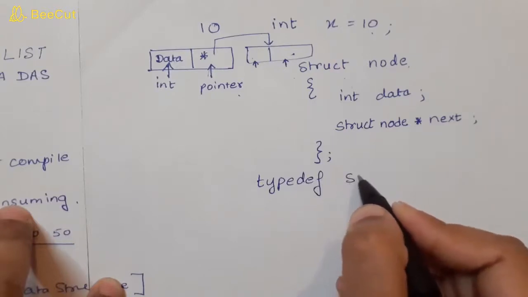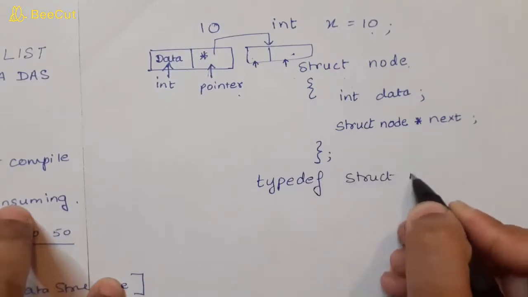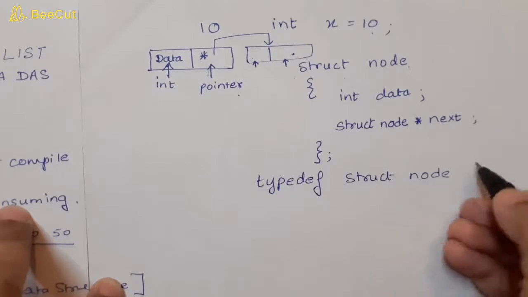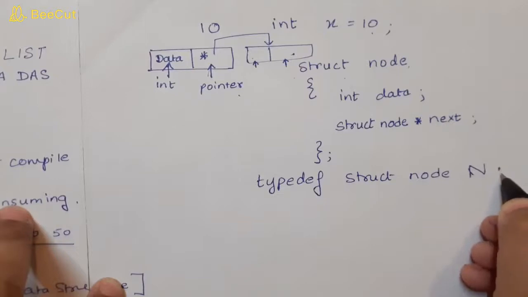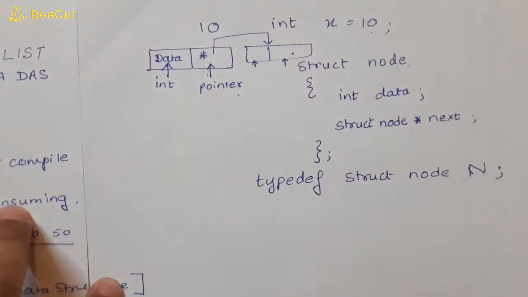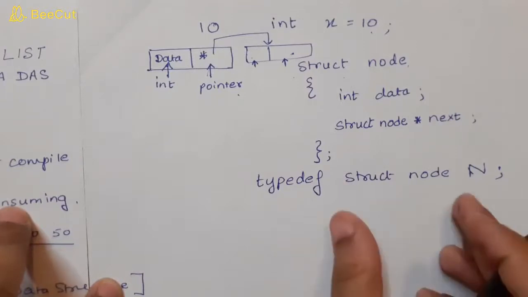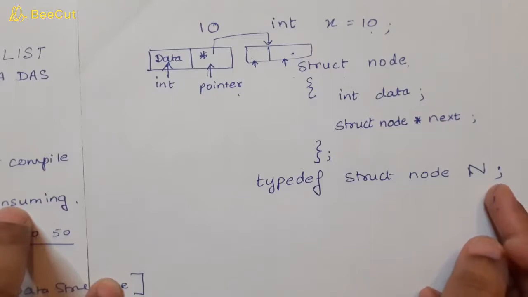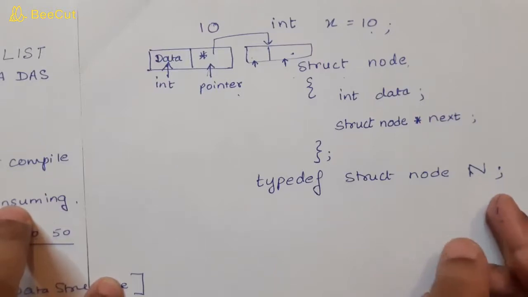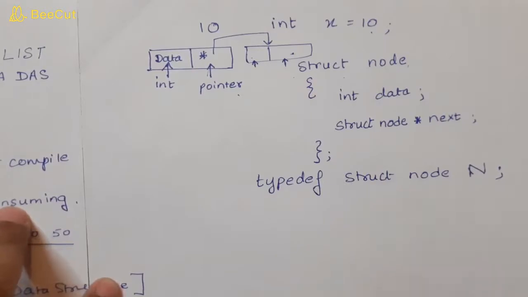So here for struct node, I'll give the name n. Wherever I have to use struct node, I can use n instead. This is not mandatory, but as we are going to use struct node again and again in our programming, I'm giving it a simple alternative name.